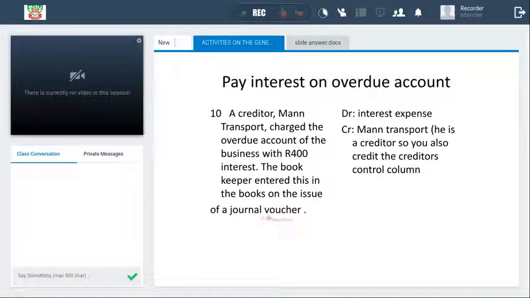So the voucher now has to be transferred to the relevant general journal. Now we see that this is interest that they are charging us to pay. So we debit interest expense, increase on the debit side. We credit Man Transport. He is a creditor, so you also credit the creditors control column in the general journal.